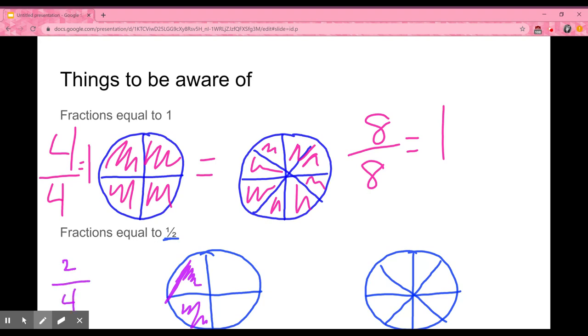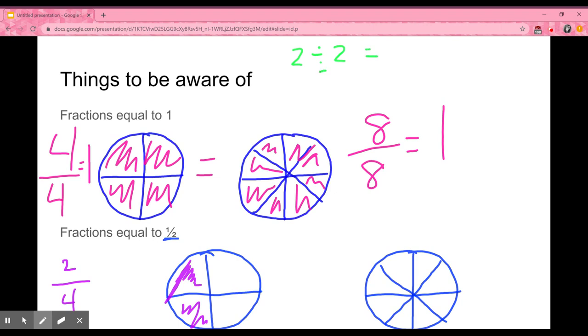This is equal to 1/2. And a way you can figure out if a fraction equals 1/2 is to divide your numerator and your denominator by 2. So if I were to divide 2 divided by 2, I'm just going to show it up here real quick. 2 divided by 2.